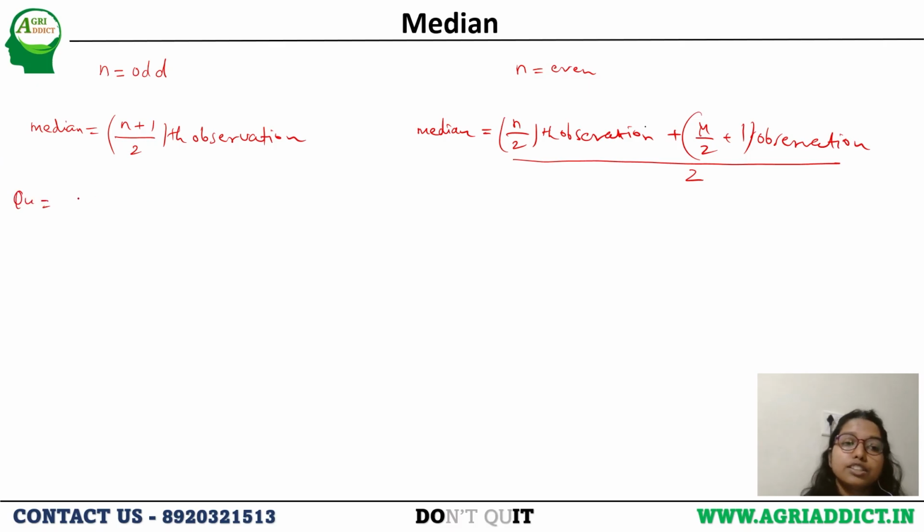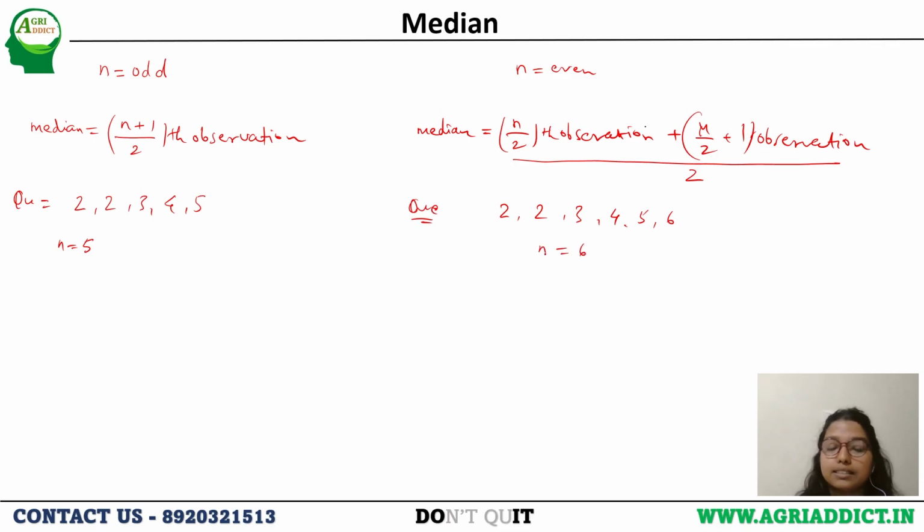Okay, let's take an example of both these. Say a question is there: 2, 2, 3, 4, 5. Here n is equal to 5, which is odd. And here we are taking 2, 2, 3, 4, 5, and we are taking 6 also. Here n is 6.